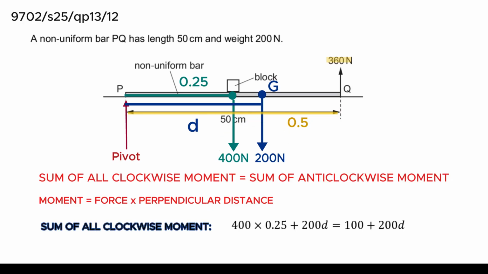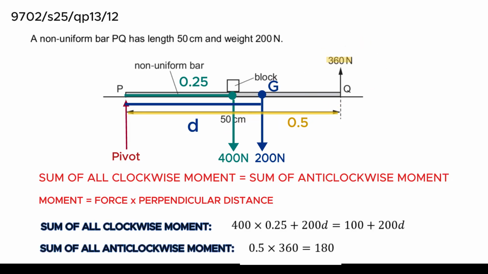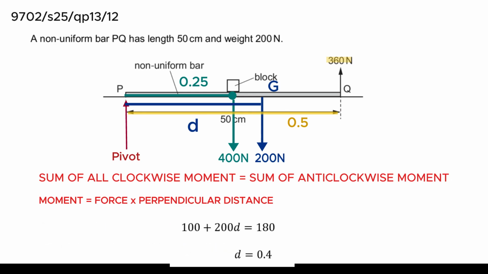The sum of clockwise moments is the moment caused by the block and the non-uniform bar. The sum of anti-clockwise moments is the moment caused by the uplifting force of 360. So the sum of all clockwise moments is 100 plus 200d, while that of the anti-clockwise moment is 180. For equilibrium, these two moments must be equal, so we have 100 plus 200d equals 180.